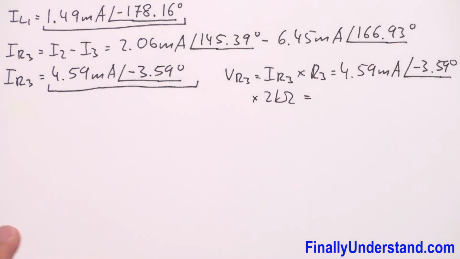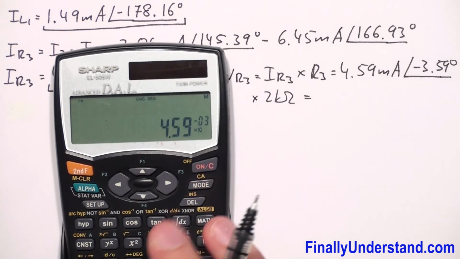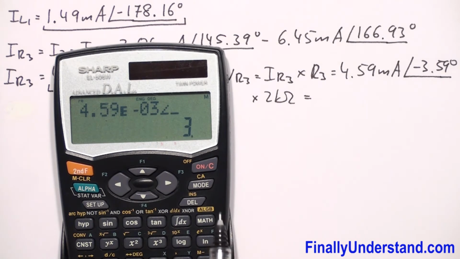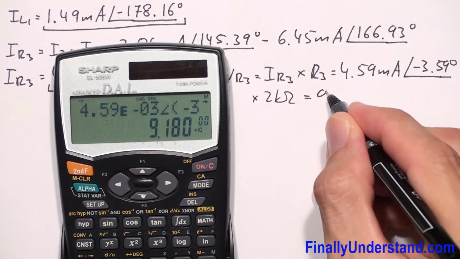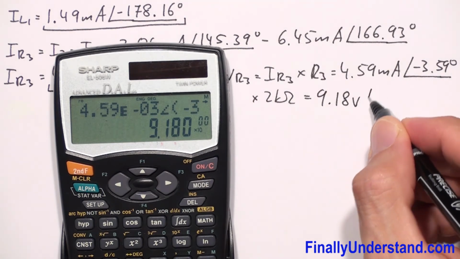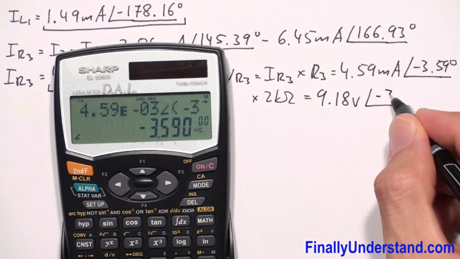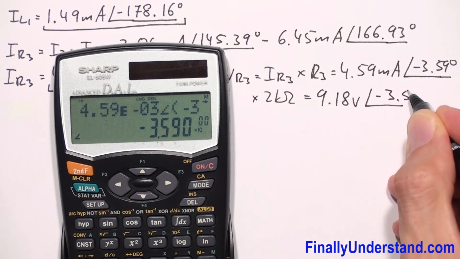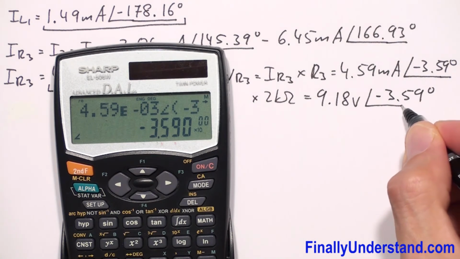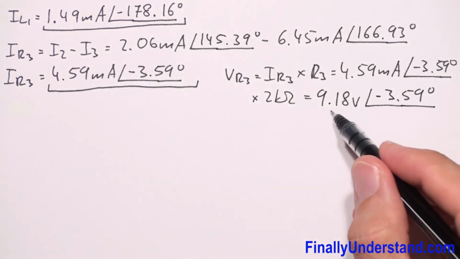This is going to give me 4.59 × 10^-3 angle of negative 3.59 times 2 × 10^3 equals 9.18 volts and angle of negative 3.59 degrees. Okay, so this is the voltage across resistor R3.